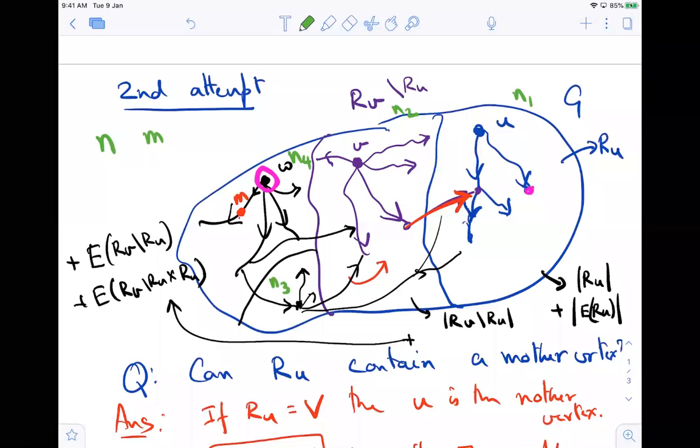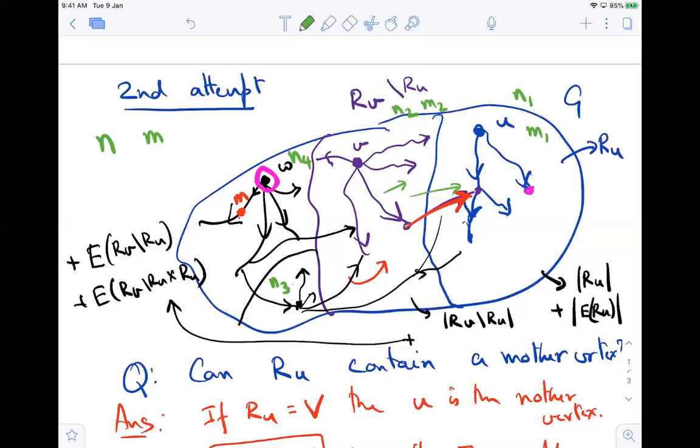And what is M1? M1 is the set of edges induced by N1. What is M2? M2 is the set of edges induced by N2 union N1, minus the set M1. So M2 is the set of edges which are here, here, and here, but not the edges within the first partition.